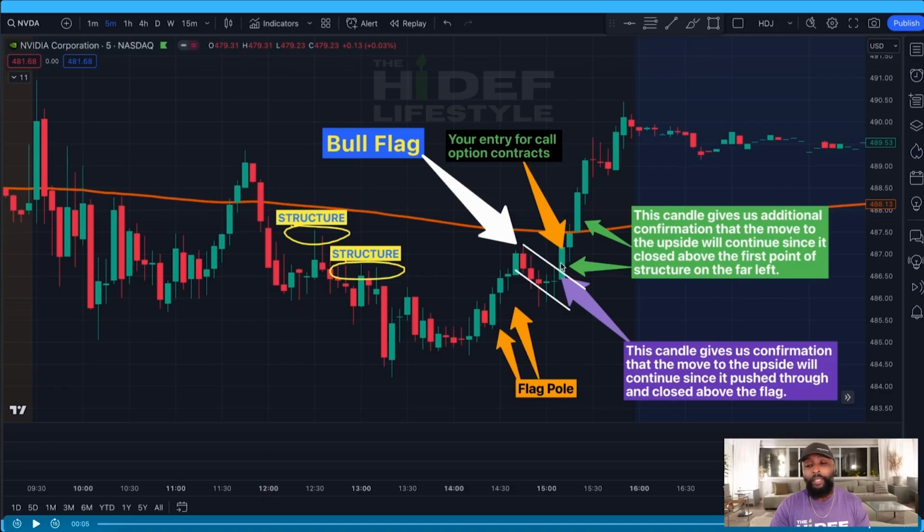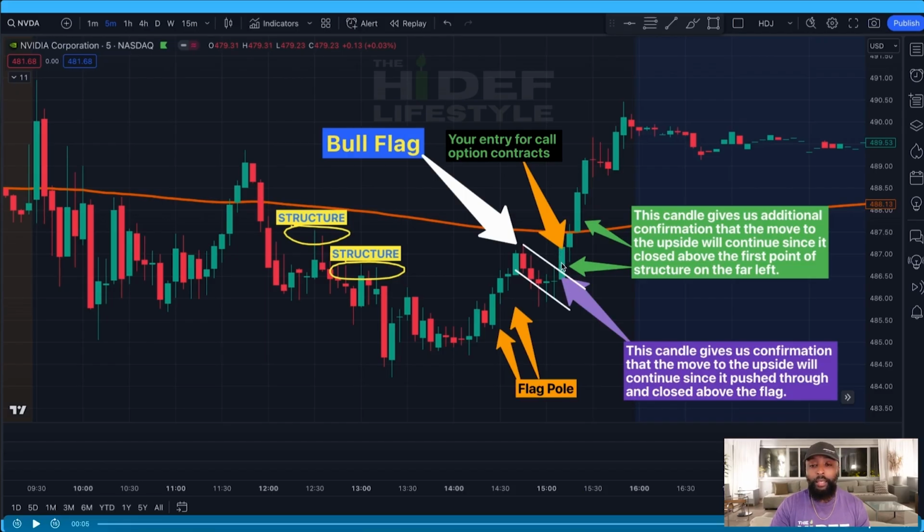For example, let's say this wasn't a green candle, but it was a red candle that closed below the lower line of the flag. At that point, we don't know that the uptrend will continue, and we don't take positions for call option contracts. We only take positions for call option contracts if we see a solid candle close above the upper line of the flag.